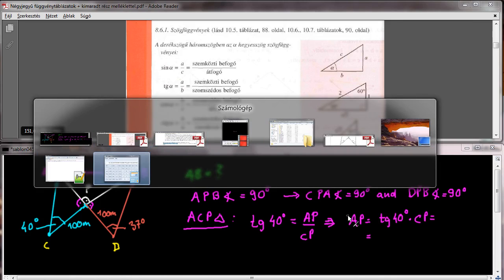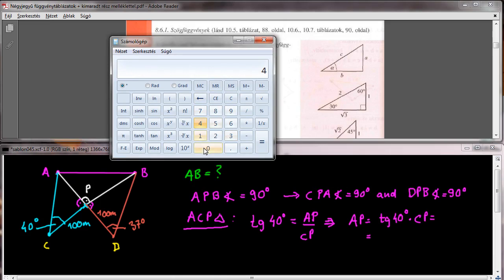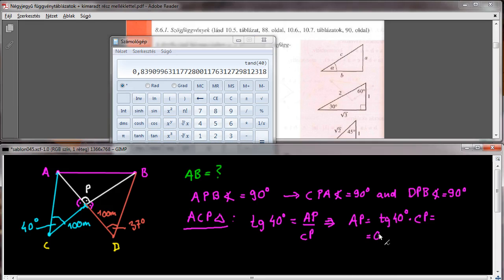Let's check. So 40 degrees, and I'm in degrees. You have to change the mode in the calculator, because if you use radians, then it's totally different. So it's degree mode, and 40 degrees, the tangent of it is 0.839, and times what?